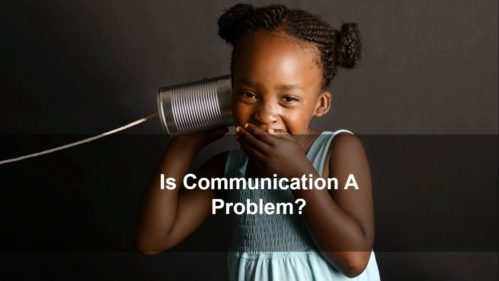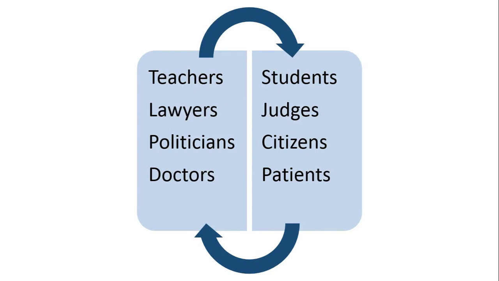And I'm going to show you some instances where there could be a problem with effective communication. So let's take a look at some of these instances. The first instance has to do with teachers trying to communicate with students, maybe teaching you biology, maybe teaching you astrology or something.